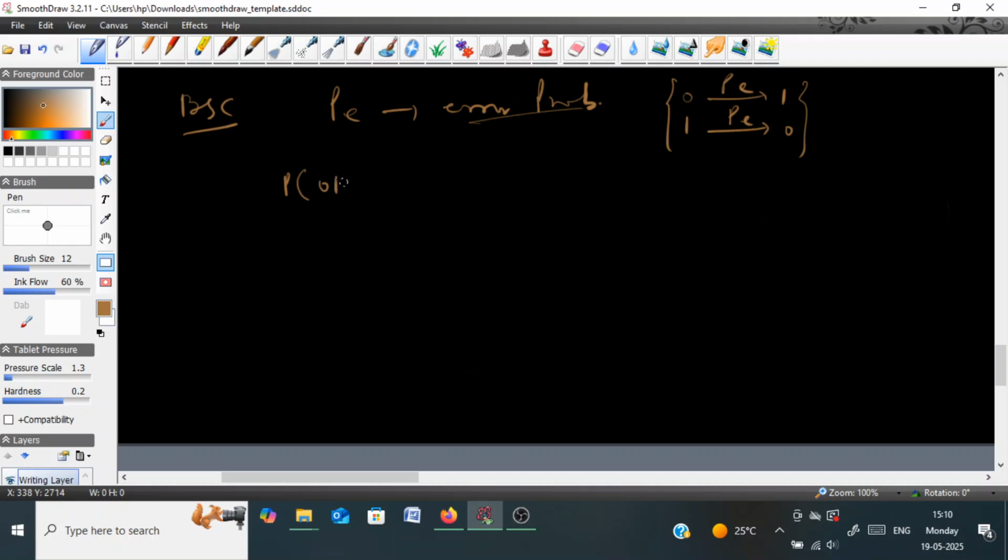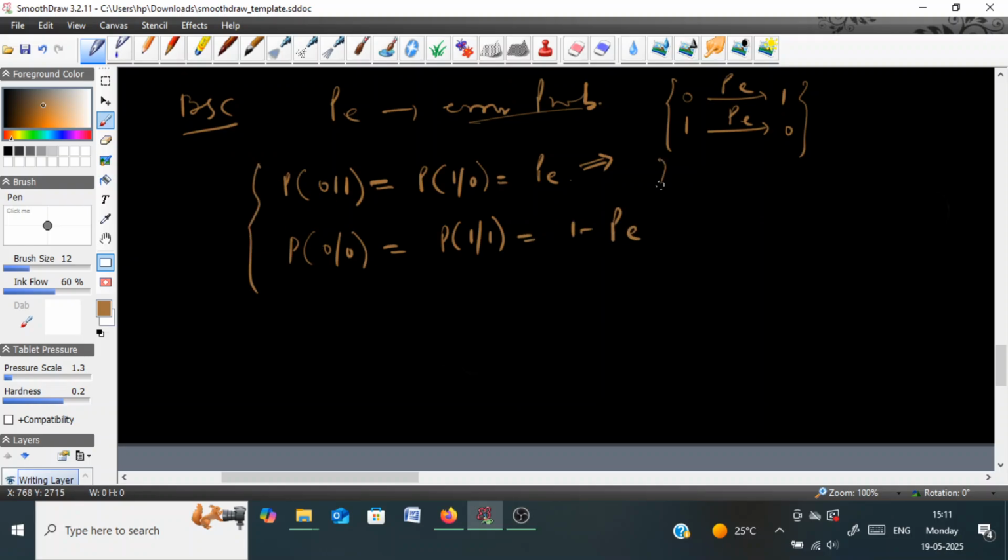Conditional probability of 0 given 1 is transmitted is equal to probability of 1 given 0 is transmitted, as P. Definitely, if this is the probability of error, or the probability of failure, you can say, then the probability of success, that is probability of 0 given 0 is transmitted, will be same as the probability of 1 given 1 is transmitted, which is 1 minus P. Okay, so this can be taken as a Bernoulli trial.